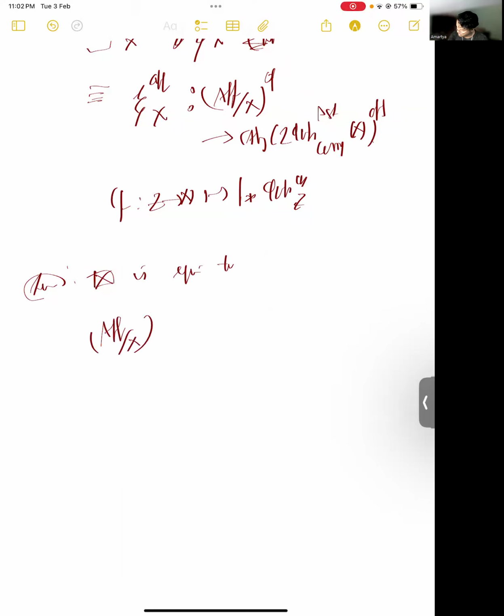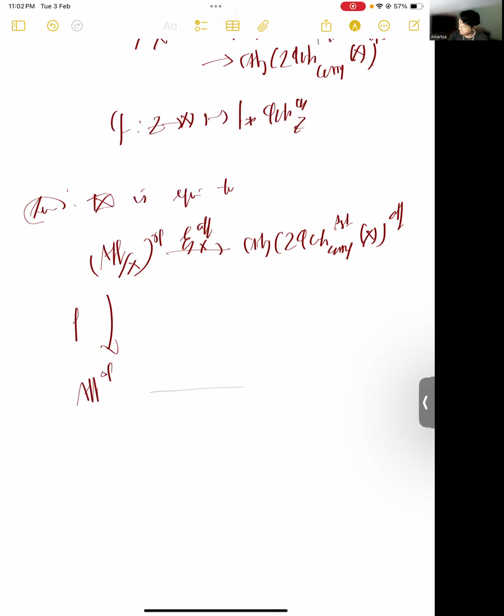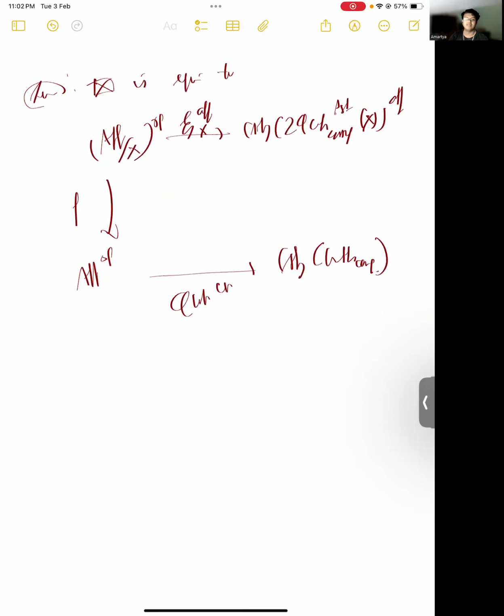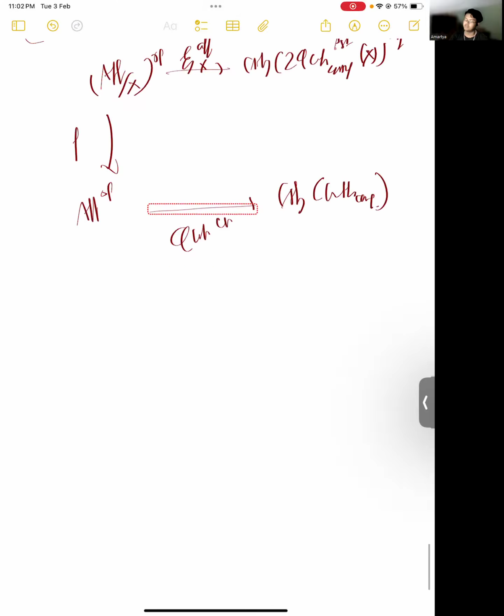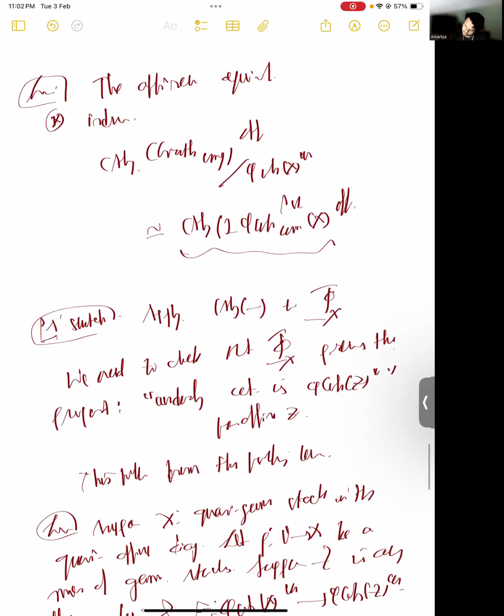Psi f x compatible with p lower star is p upper star. This just follows from the definition of fiber product and this lemma star that we have here.